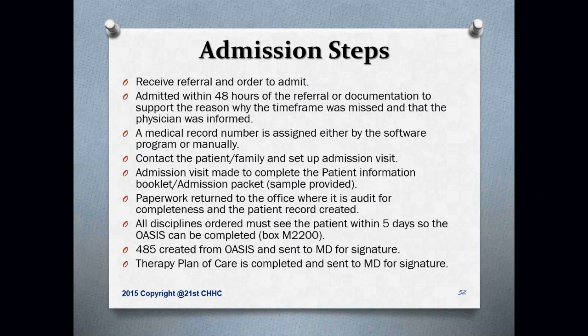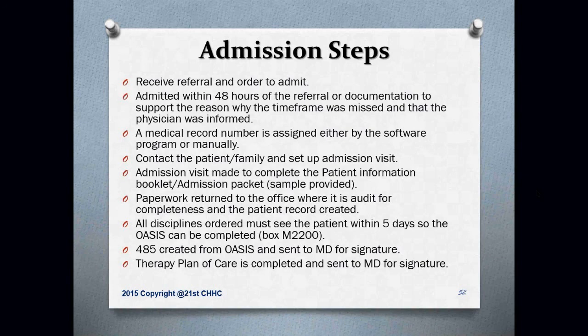The admission pack that we give you a sample. We want to make sure that you're printing those and putting those together off of your thumb drive. There's going to need to be a packet that's taken to the home, and that we list out what forms the patient needs to sign and what paperwork needs to be returned to the office and what stays with the patient to create the home record.